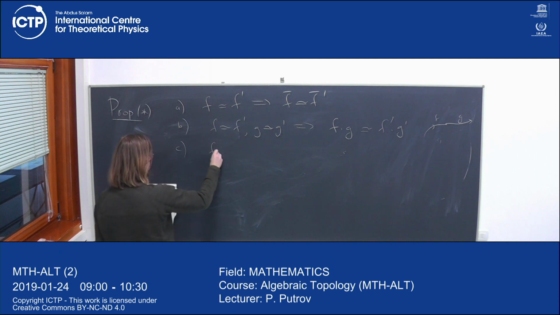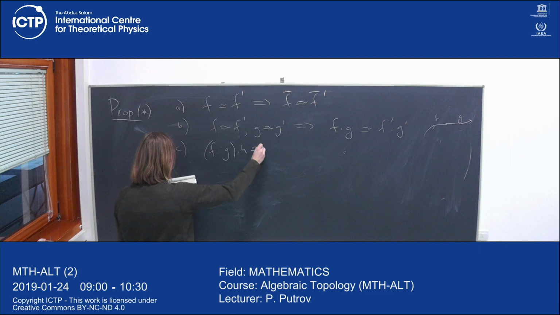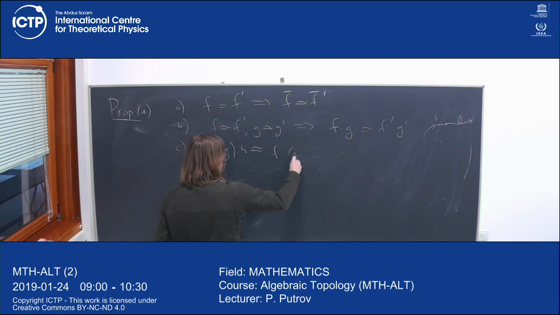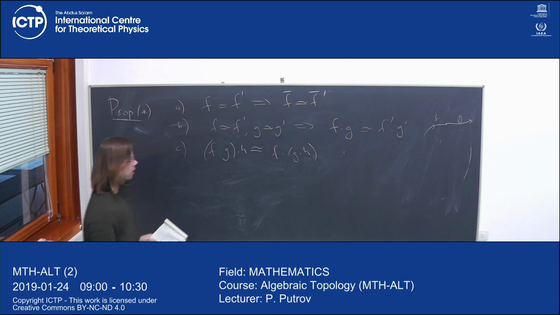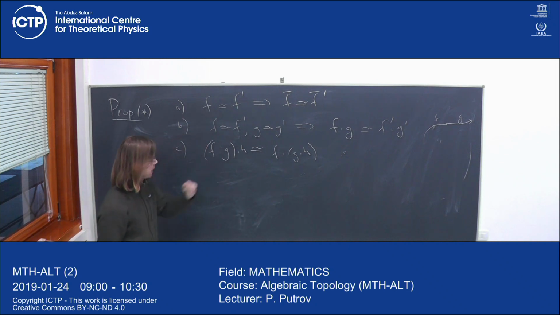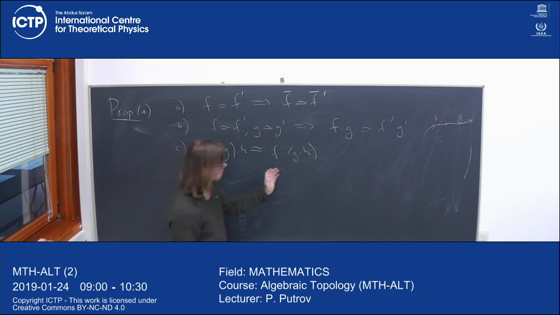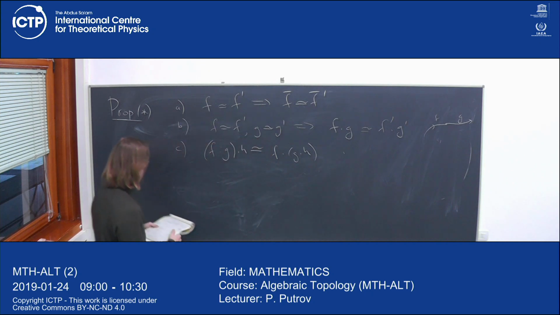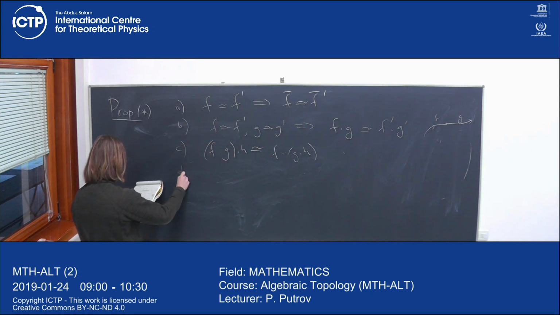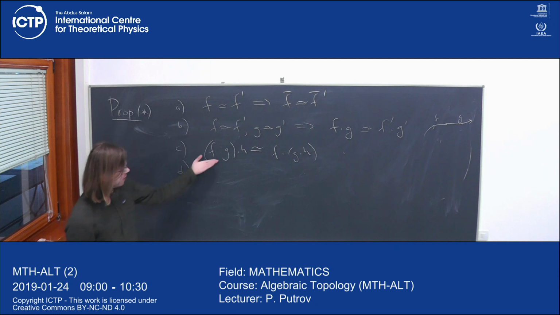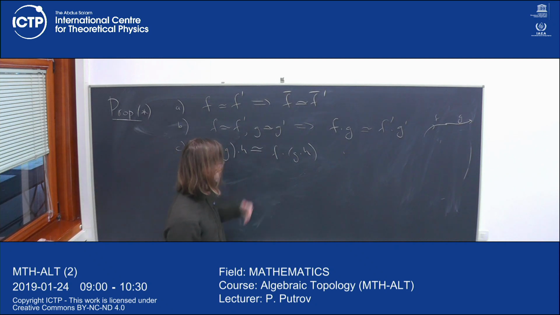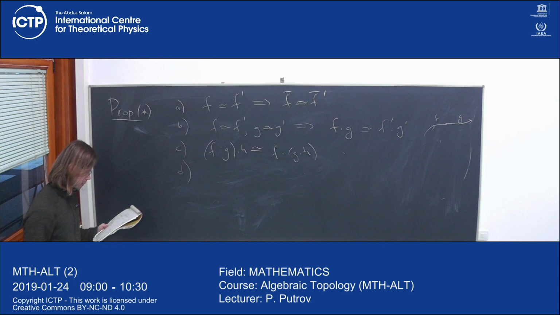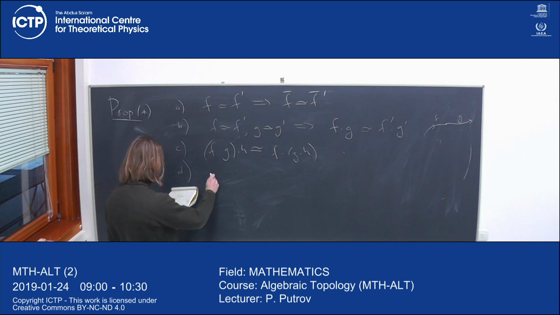And there was a property that we can serve as, one can say, associativity of the composition of paths, which we can write explicitly as follows. So we define the composition as a binary operation, but it has this nice property.